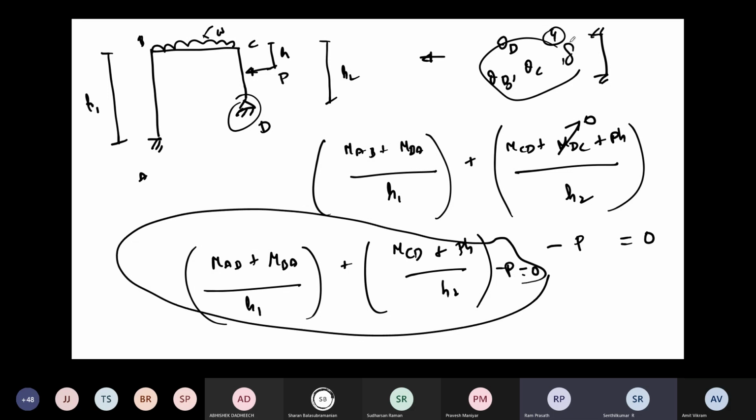So there will be four unknowns, sir, but we have only three equations. For another equation you can take it as MDC equal to 0. Got it? Yes, sir. MDC you will develop, then MDC equal to 0 will be your fourth equation. Okay, sir. Very simple. Any other questions, sir?